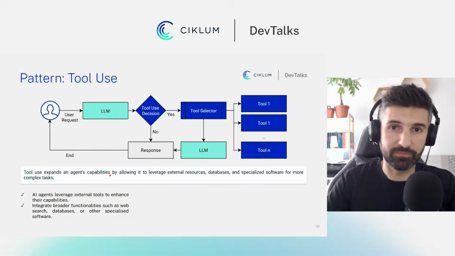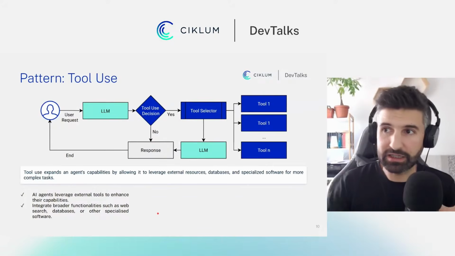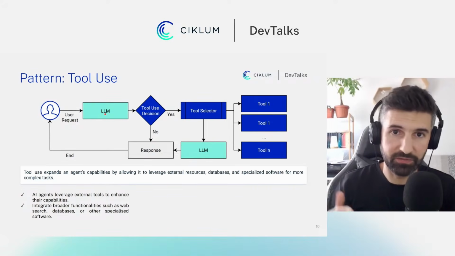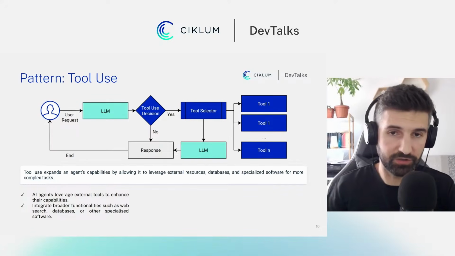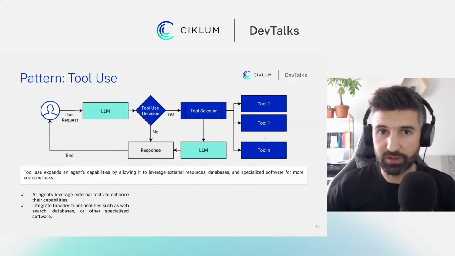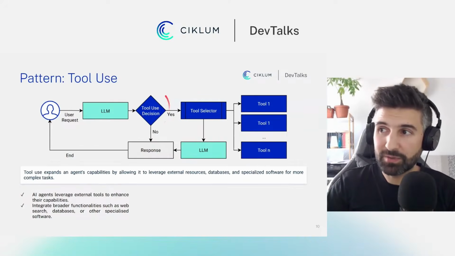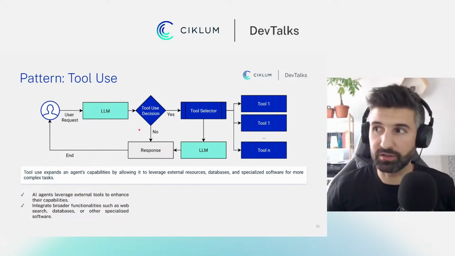Now, another pattern is tool use. What does tool use mean? Tool use means basically we send a request to our LLM. The LLM thinks about that. So when we had that generate answer method, you saw that I'm actually asking an LLM further. But then the LLM in the first place should take a decision on which tool we're actually using, right?